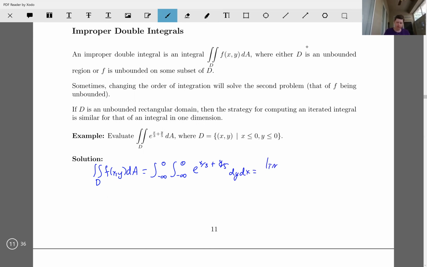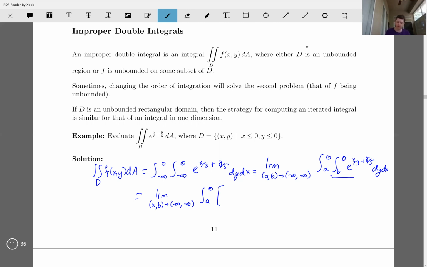And what we do is we replace the infinities by constants, dy dx, like so. And then we would do our integral as normal and then take the limit. So I'll start this one off, but I'll leave it really as an exercise for you.